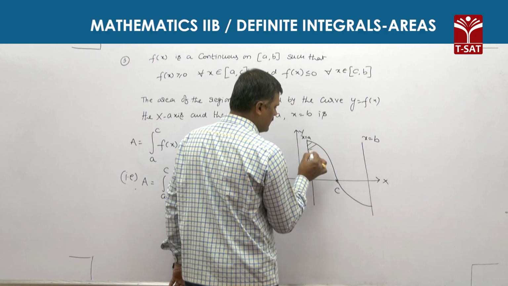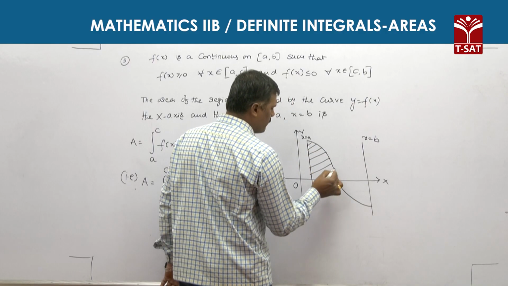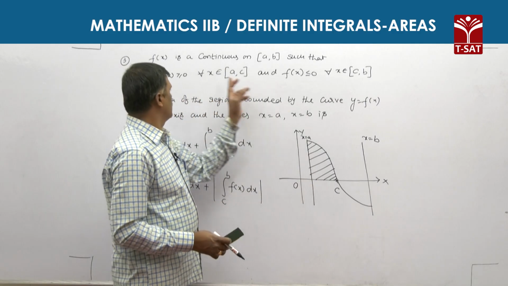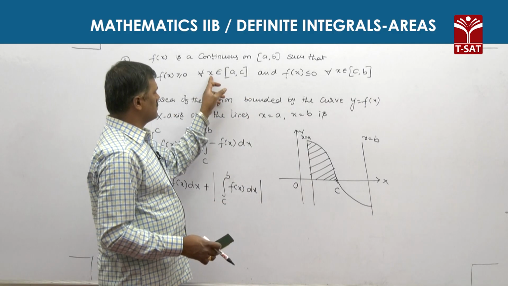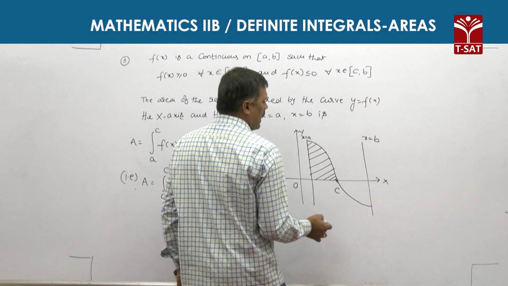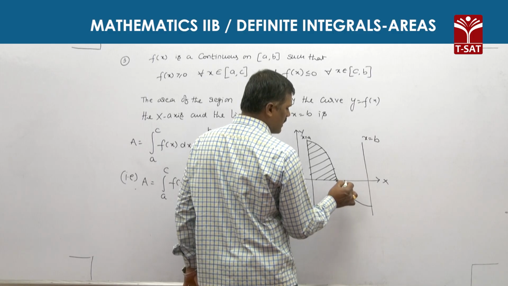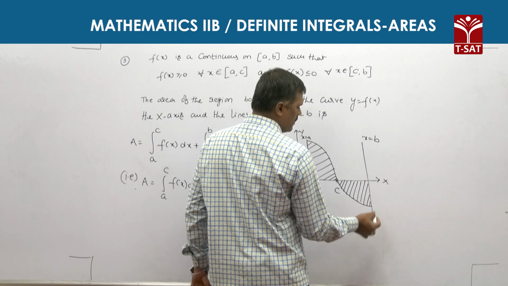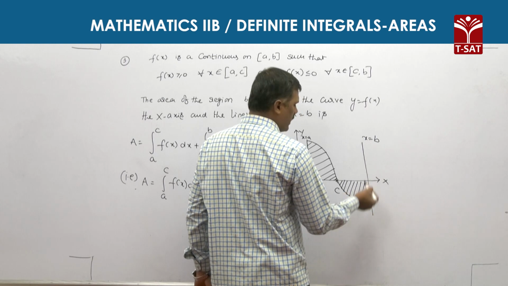So in the integral a to c, f of x is greater than or equal to 0, above the x-axis, for all x in the closed interval a to c, and for this curve f of x is less than or equal to 0 below the x-axis, in the closed interval c to b.